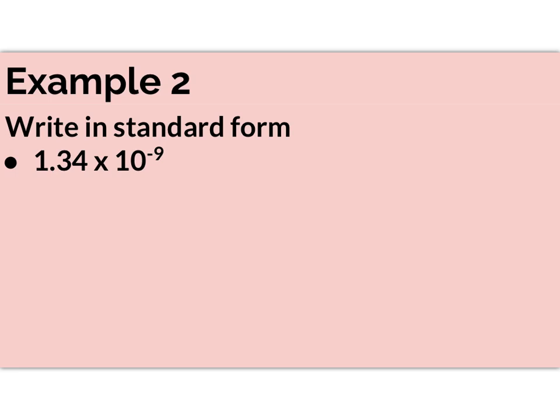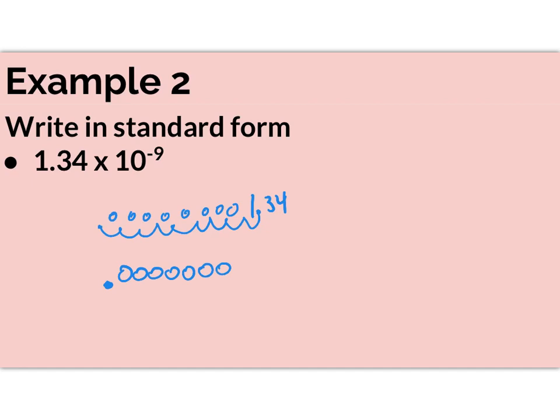We take 1.34 and move it 1, 2, 3, 4, 5, 6, 7, 8, 9 spaces to the right. Put a 0 on the empty places, and we have 8 zeros. So decimal point, 1, 2, 3, 4, 5, 6, 7, 8, 134. And that's a very small number.